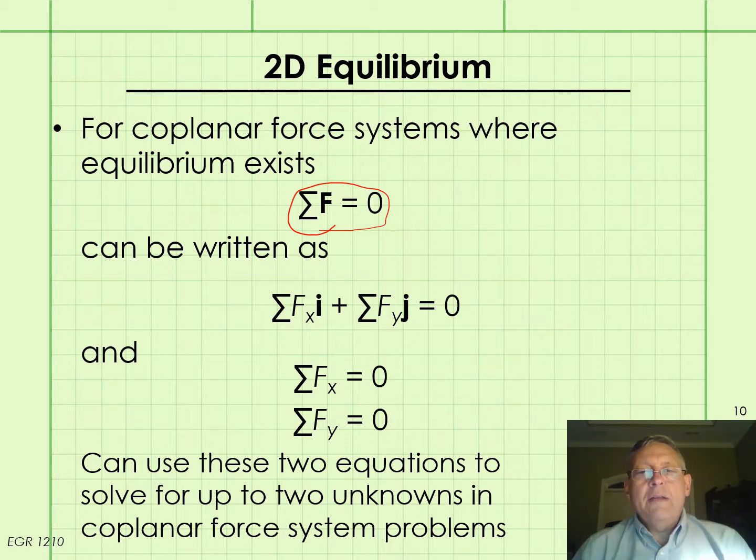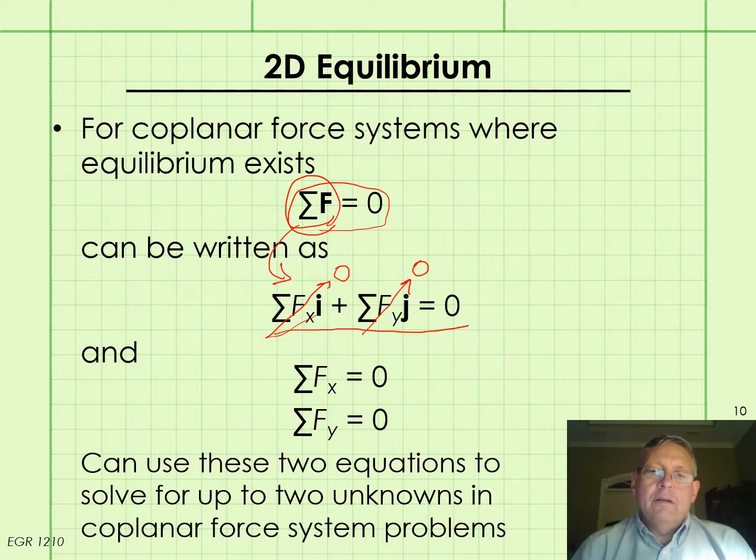Now we can write this side of the equation in its Cartesian form here. And if this equation is true, then it can't be true without both of these being zero. Might have to think about that a little bit.